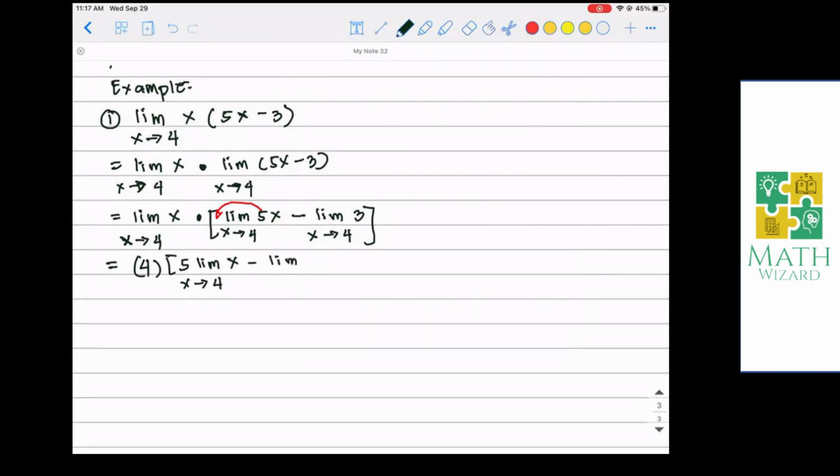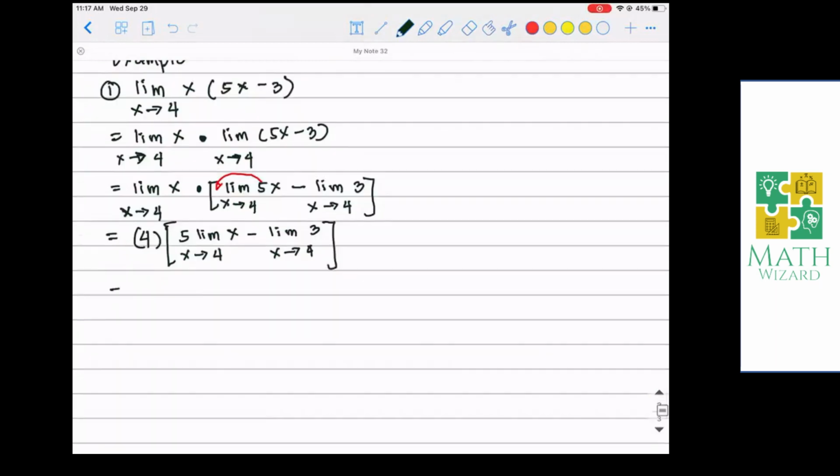Yan. So, copy ko lang muna yung kapila. The limit of 3 as x approaches to 4. And then we look for their limits. So this becomes 5 multiply to the limit of x as x approaches to 4. Ang sagot ay kung saan nag-a-approach si x. Kaya it's 4. And minus the limit of 3 as x approaches to 4.